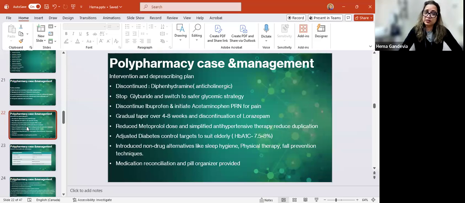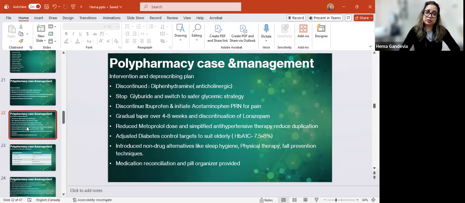We could discontinue the diphenhydramine, which is going to reduce her anticholinergic symptoms. We could come up with a safe glycemic strategy by stopping glyburide completely, as it's one of the drugs mentioned as not to be given in elderly patients. We could potentially switch her to, say, Diamicron, gliclazide.